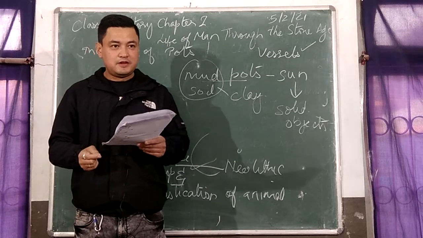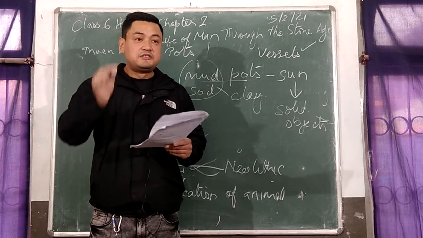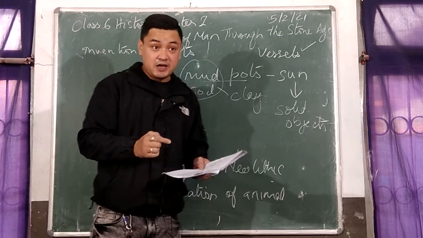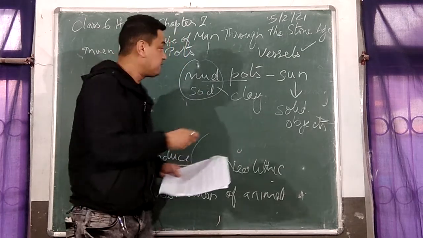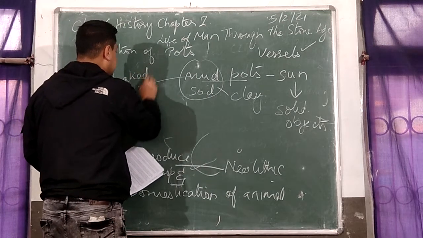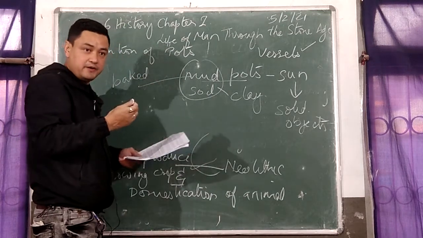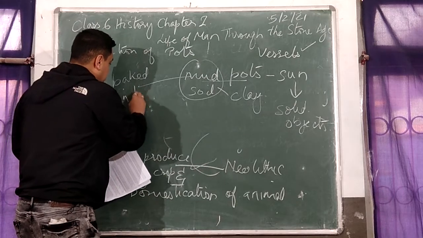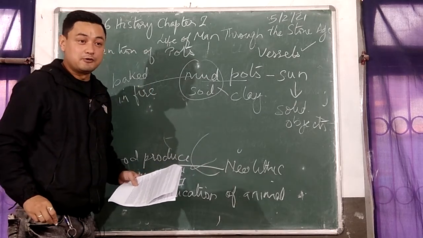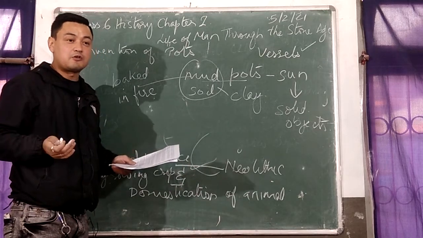But soon he found out that when these pots were baked in fire, B-A-K-E-D, baked means burnt in fire, they can store liquid. Whenever we are talking about liquid, we are talking about water.